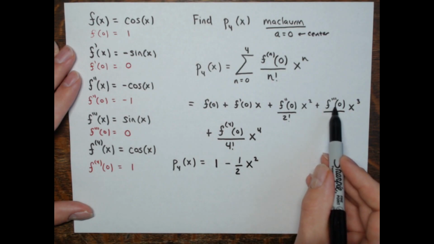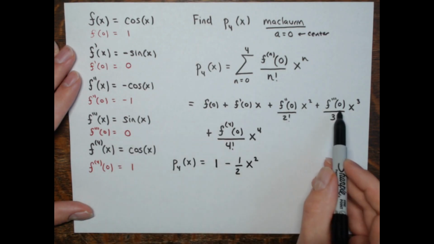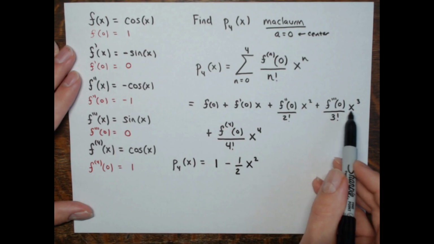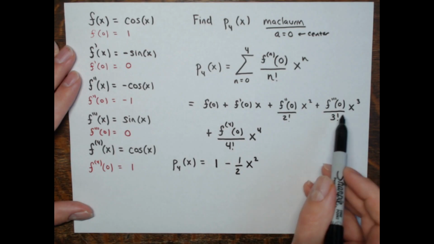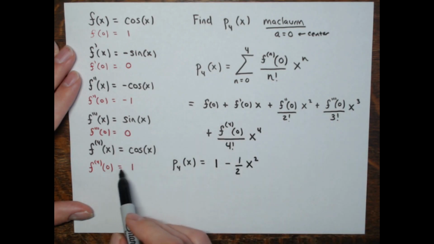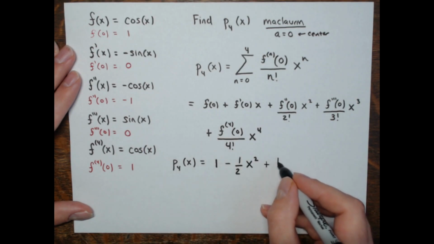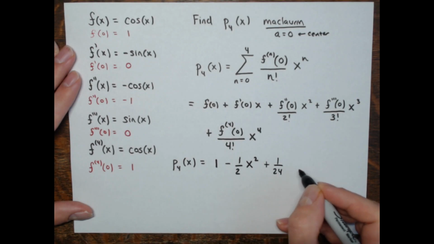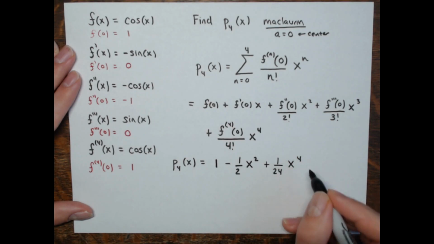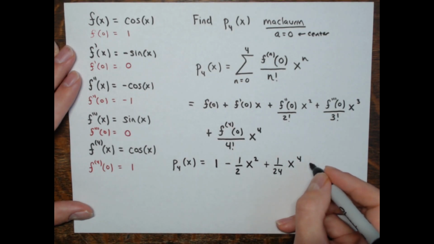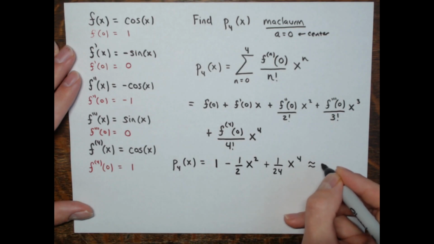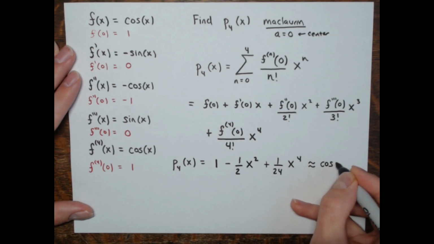And then plus, the third derivative at 0 was 0, so the x to the third power term is gone. And then finally, the fourth derivative at 0 is back at 1 again, 1 over 4 factorial. So plus 1/24th x to the fourth. And this should be approximately the value of cosine of x.